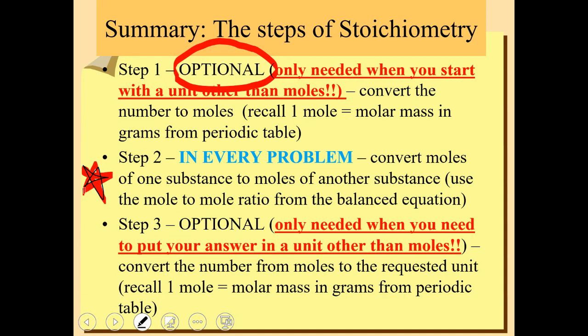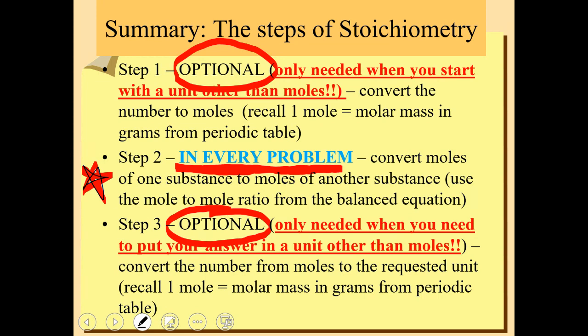The second step, you always need it. It is in every problem. This is the very essence of what stoichiometry is. You're converting one substance to another using the mole to mole ratio in a balanced chemical reaction. And then notice step 3 is optional. When do you need it? Only when you have to put your answer in a unit other than moles.